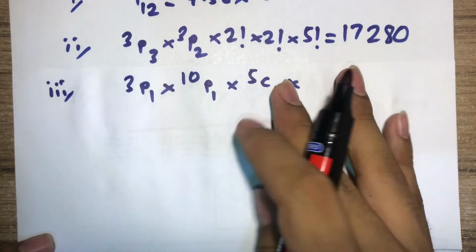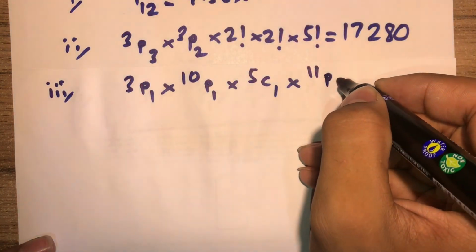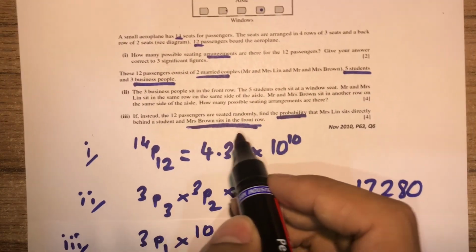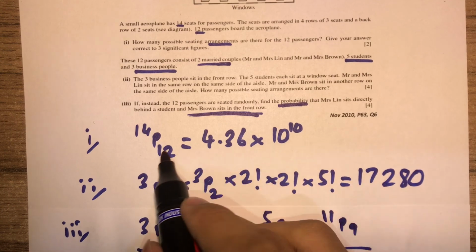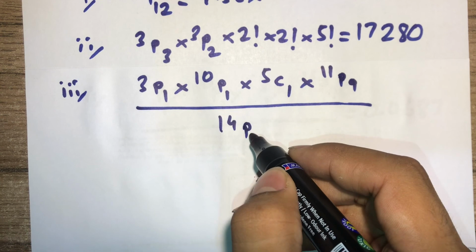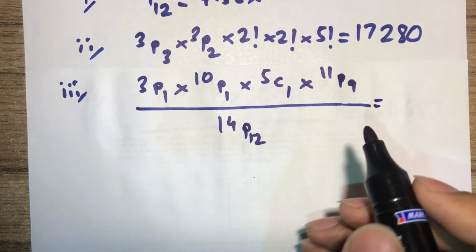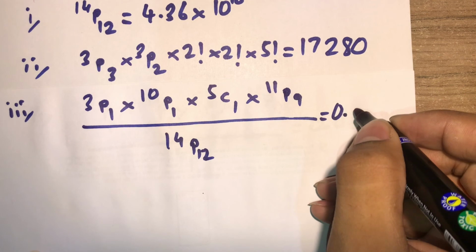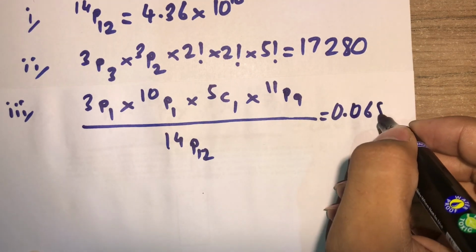So 9 people have to be seated in 11 places, so 11p9. Now because you have to find the probability, we'll divide by the total outcomes, that is 14p12. This is equal to 0.0687.